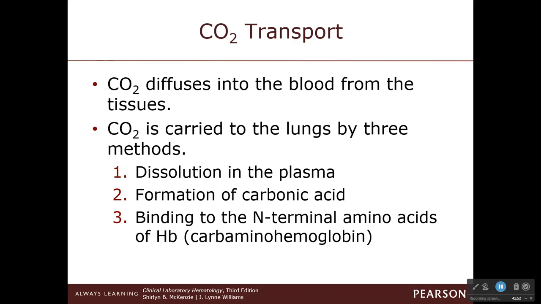ATP. How do we make ATP? Cellular respiration, basically glycolysis. We're taking glucose, breaking it down into either pyruvate or lactate, making ATP, right? What's a byproduct of cellular respiration?